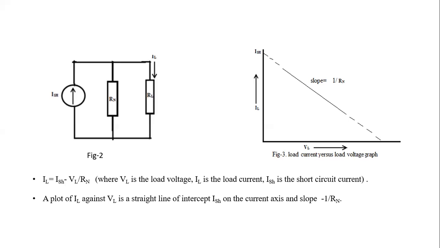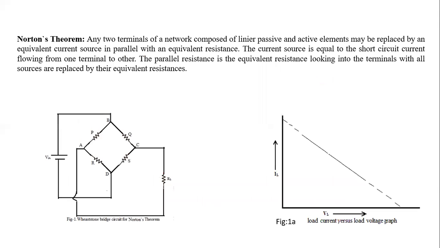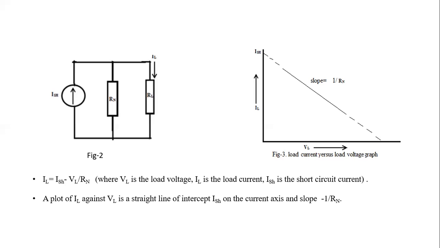IL will be equal to ISH minus VL by RN. So what will be the slope? The slope will be minus 1 by RN. And what will be the intercept on the y-axis? That will be ISH. Now what is ISH? ISH is the short circuit current, where here C and A are short circuited. The load is short circuited, and accordingly we can calculate what ISH is.